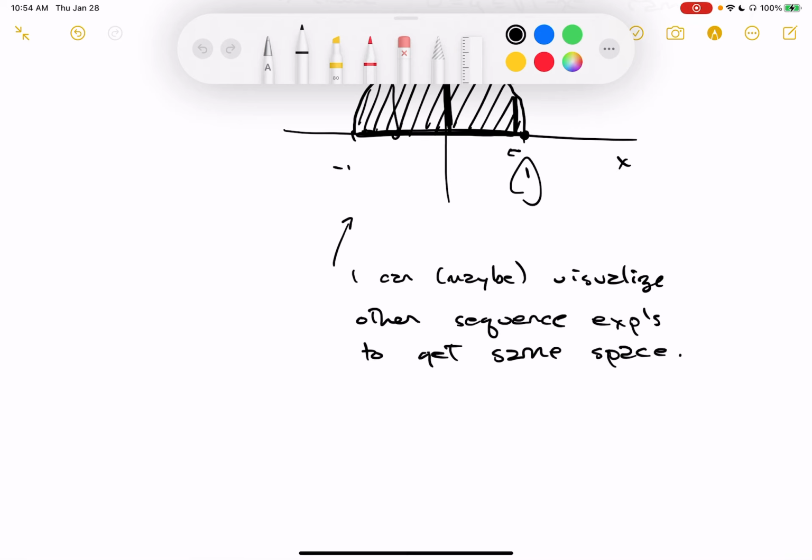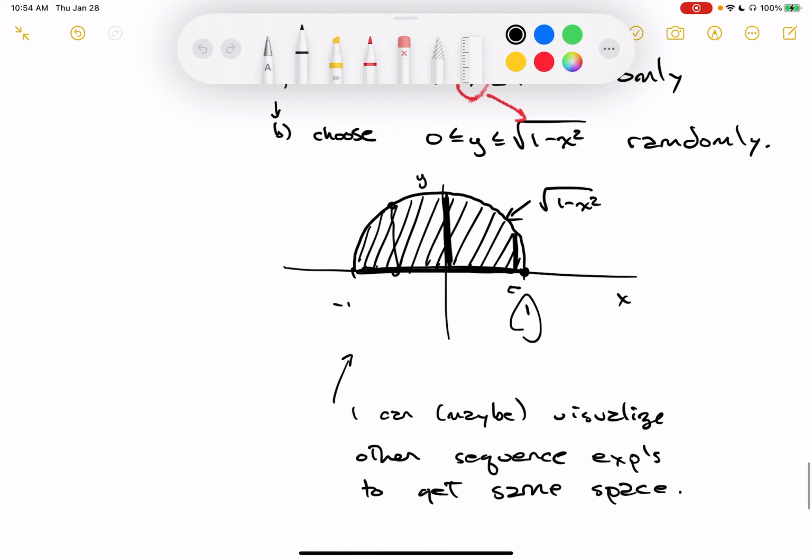So let's think about this. We started out by picking x between -1 and 1, and then we chose y based on something to do with x. It's also possible that I could pick y first. That's changing the nature of the sequence. What are my values of y that are possible here? If I look across all things, y can go 0 to 1.